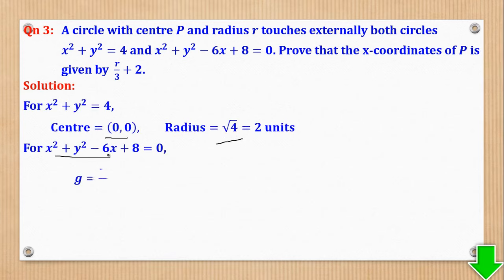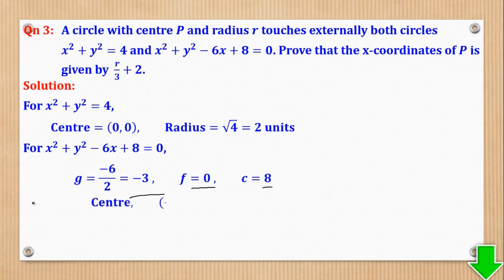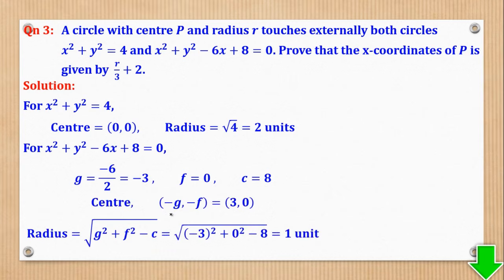And for this circle, G is that, F is that, and C is that. Therefore the center will be this and the radius will be that.